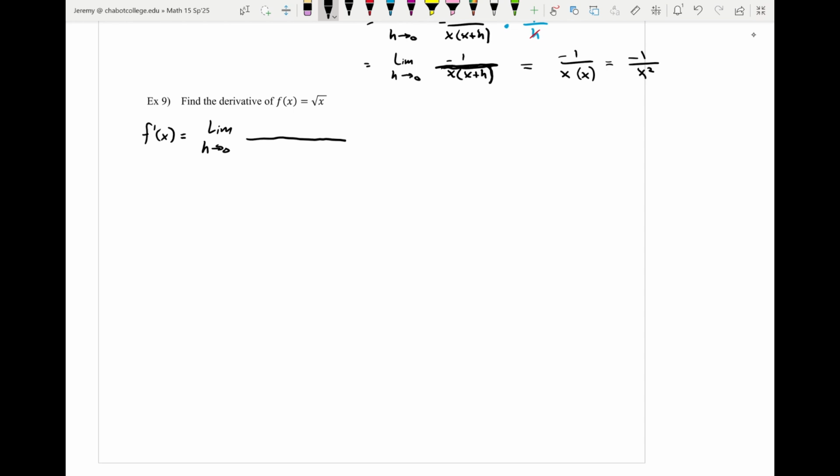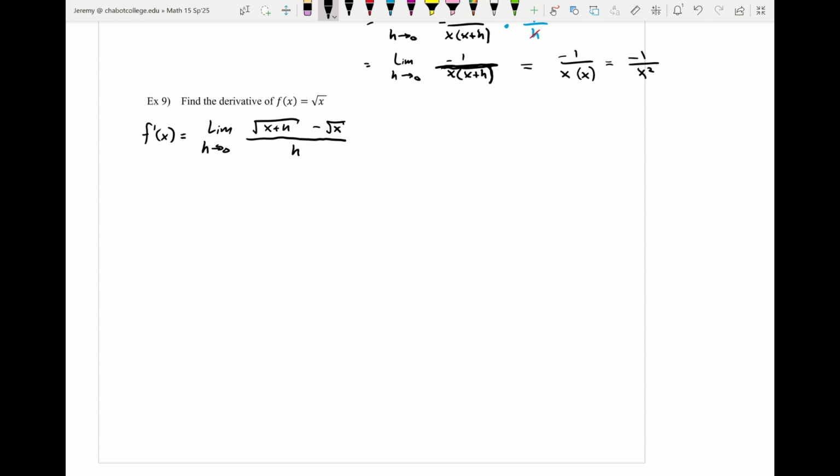Okay, fine, I won't write out the formula this time. Let's just put in the square root. That's what we get when we substitute in the square root function. Now, how might we simplify this?